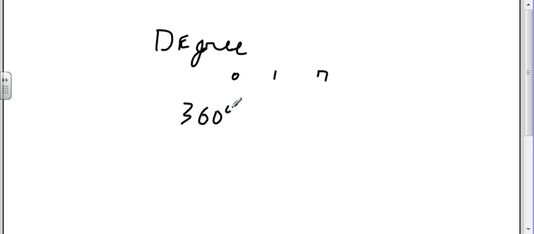And we've always dealt with degrees. We have degrees, minutes, and seconds, and there are 360 degrees in a circle, 60 minutes in 1 degree, and 60 seconds in 1 minute.